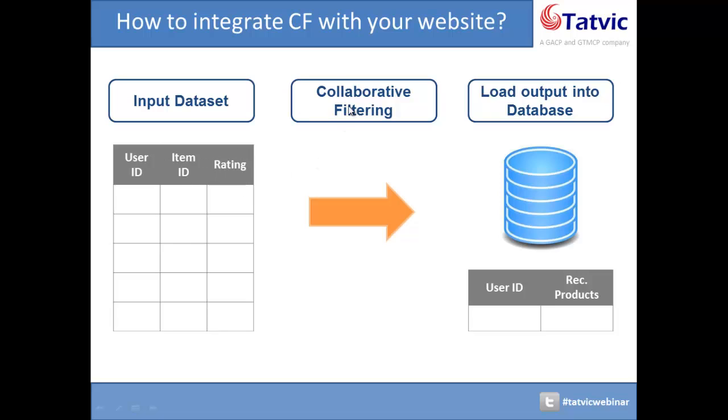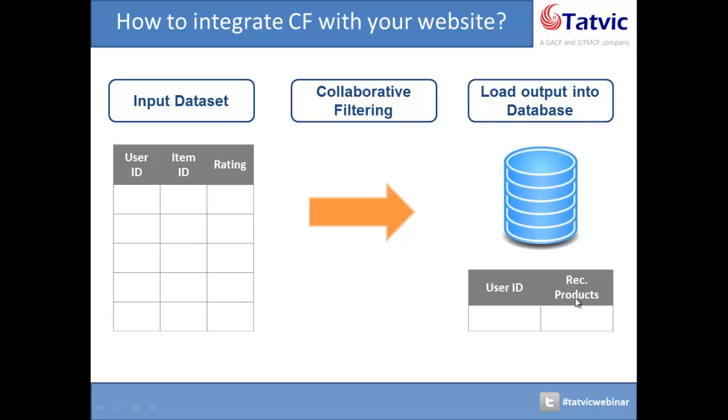We applied a collaborative filter model to it and converted it into an output format, user ID versus the recommended products. Once we have identified recommended products for the customers, the task in front of us is to serve these recommendations when the customers are browsing the site.